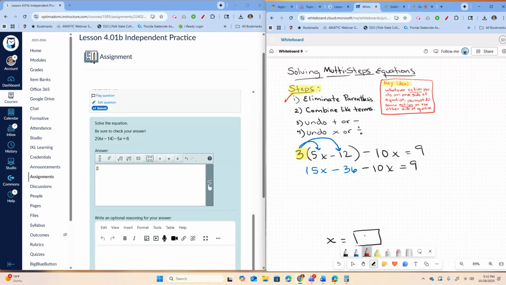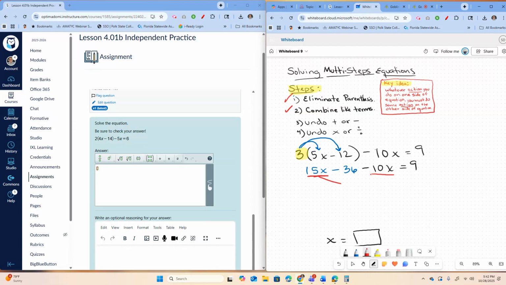Next step is to combine like terms. You only do that if you have the letter x showing up more than once. And you see here, the letter x is showing up twice, on the 15x and on the minus 10x. So you're going to combine those two.